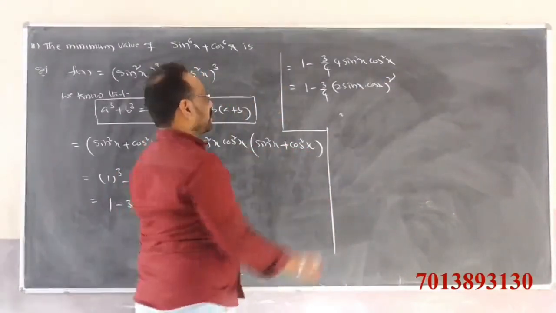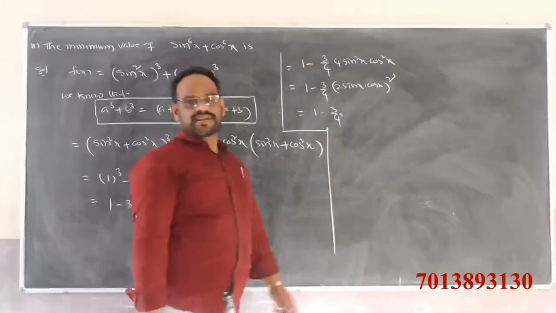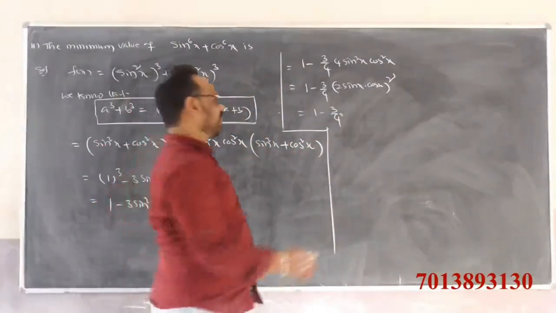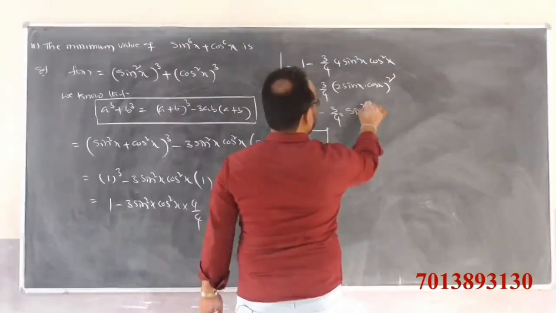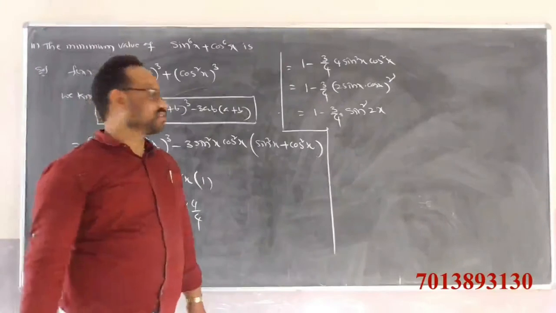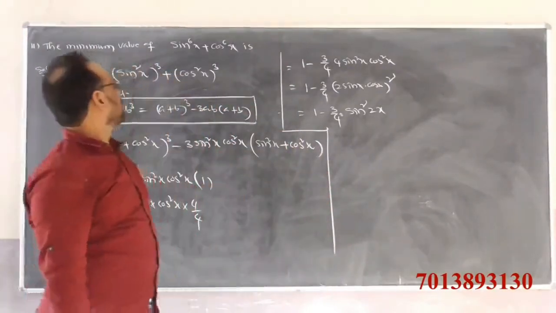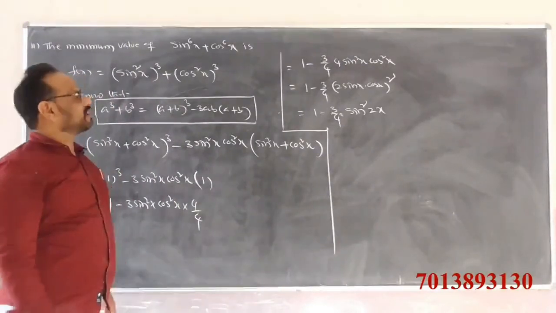We know 2 sin theta cos theta equals sin 2 theta. So we get 1 minus 3 by 4 sin square 2x.